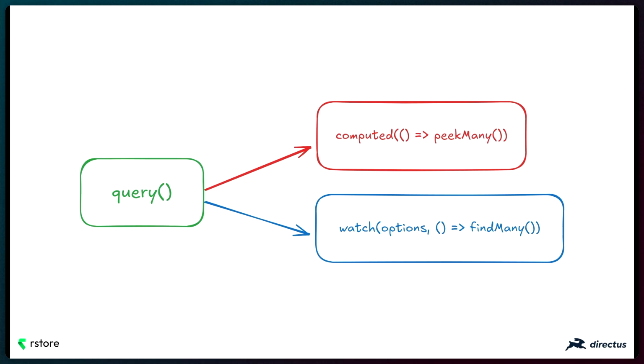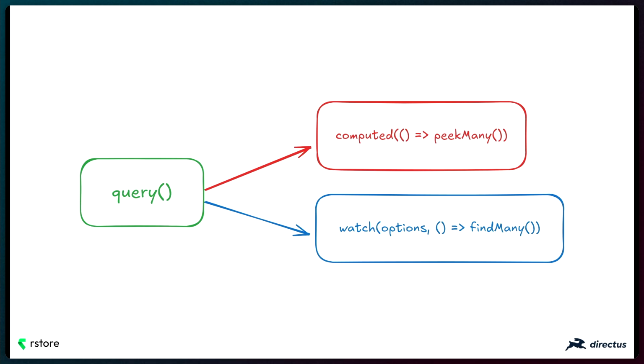The pickMany method is an actual method you can use. It's reactive, so you can put it into a computed, and it will automatically re-render your components. For example, if a new object arrives in the list, it will automatically update. And then in parallel, you can have a findMany call, which is the other side of the coin, let's say.